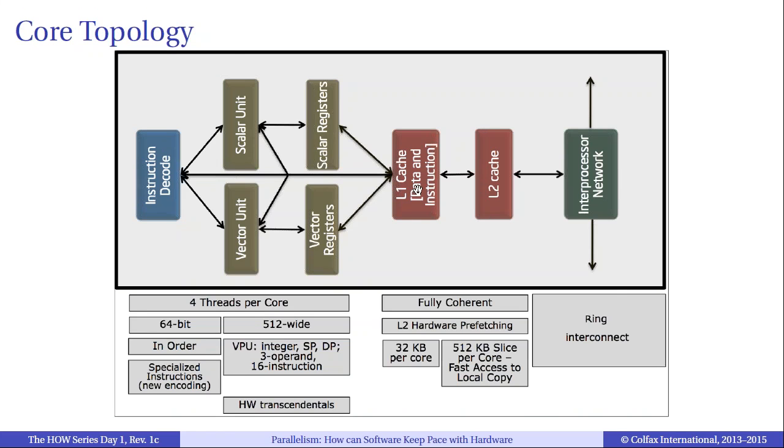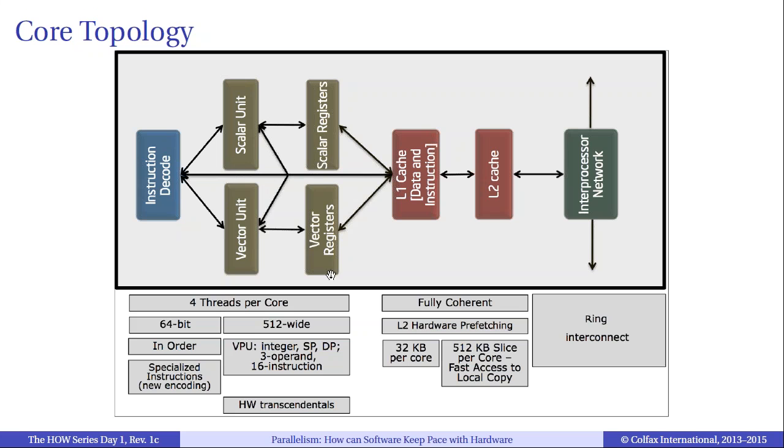And the level 2 cache is cached by the level 1 cache, and there's two arithmetic units. One is the scalar unit, and the other is the vector unit. This picture shows them about the same size. But in reality, the scalar unit is only around 2% of the core surface area.